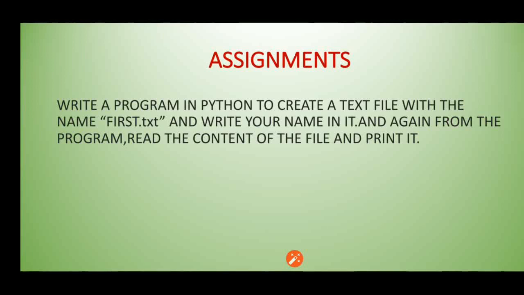Write a program in Python to create a text file with the name first.txt and write your name in it with the help of the write function. And again you will open the file in your program, read the content of the file and print it. Please do this program. If you face any problem, please let me know and post your answer in our Google Classroom.